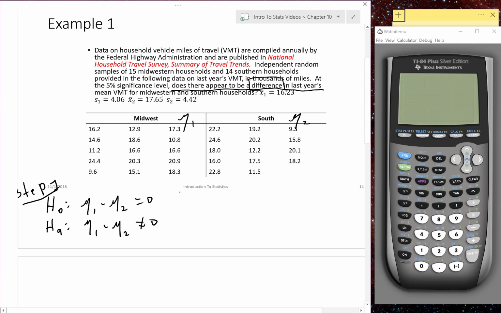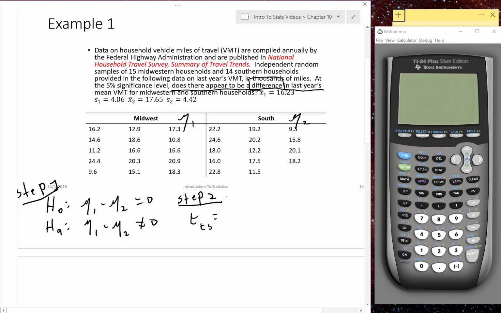So step number 2 is to compute the test statistic and the p-value. Let's just recall, since we're in 2 independent populations, we're going to use our t-test statistic.